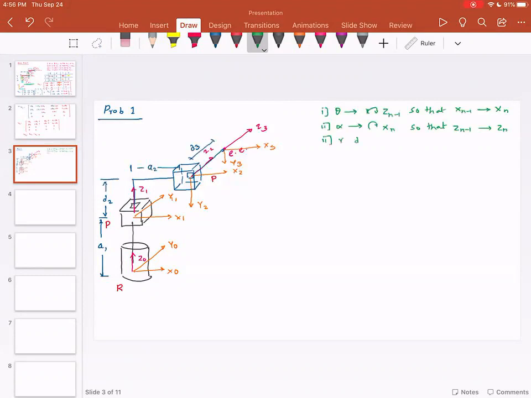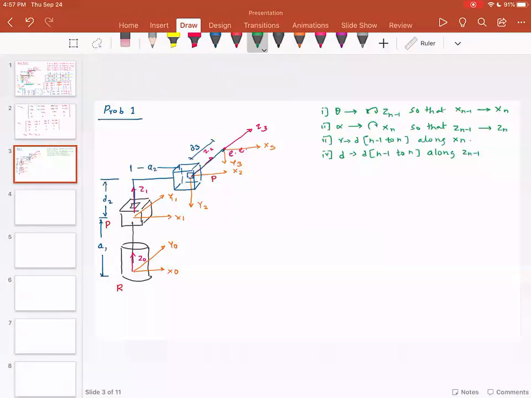R is the distance between frame n minus 1 to frame n along Xn. And last but not least, D is the distance between n minus 1 to n along Zn minus 1. This is the shorthand representation of the 4 rules.